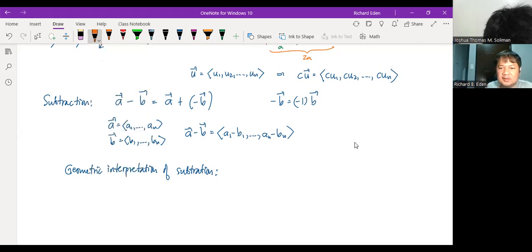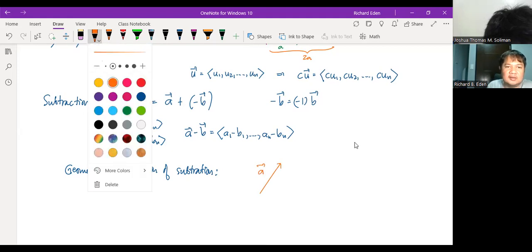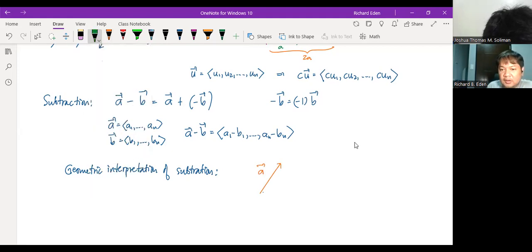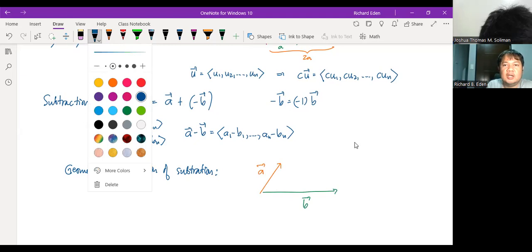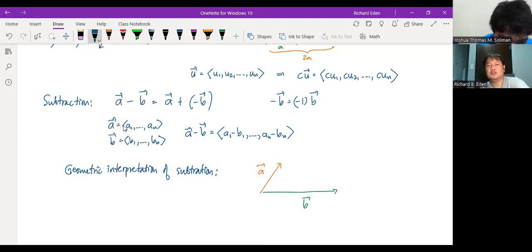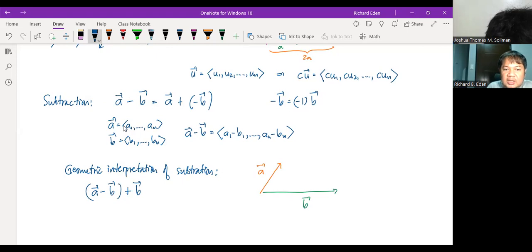So let's say this is vector A, and this in green is vector B. And let's think of where is A minus B going to appear here? Okay, so we observe that, hey, A minus B, if we add that to vector B, the result is going to be vector A.